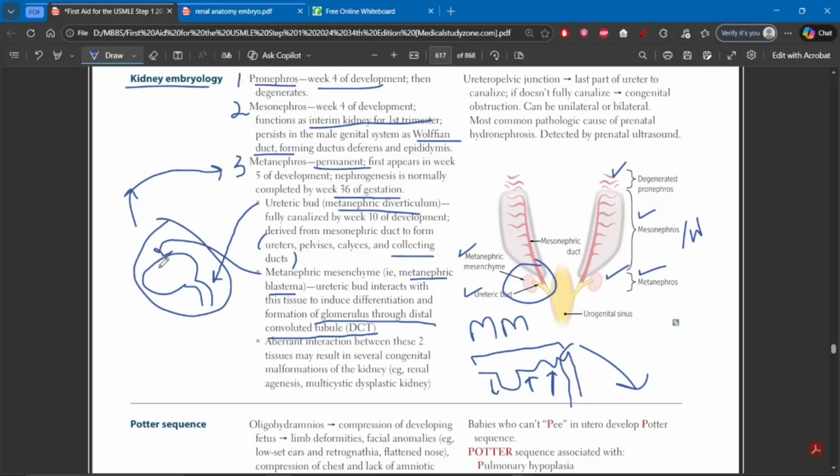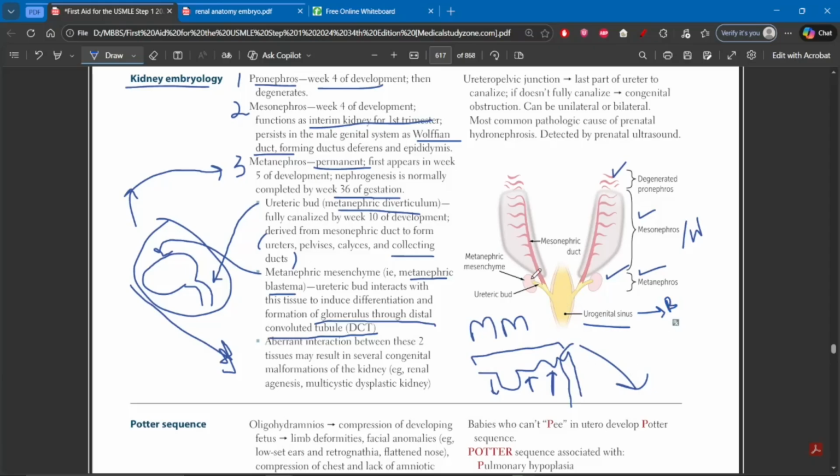So you may imagine that the glomerulus is starting from here, and this is going towards the collecting tubule, right? Just keep a picture of a kidney, of a nephron in your mind. You can see that this is leading to the urogenital sinus, which is going to form the bladder in the future.